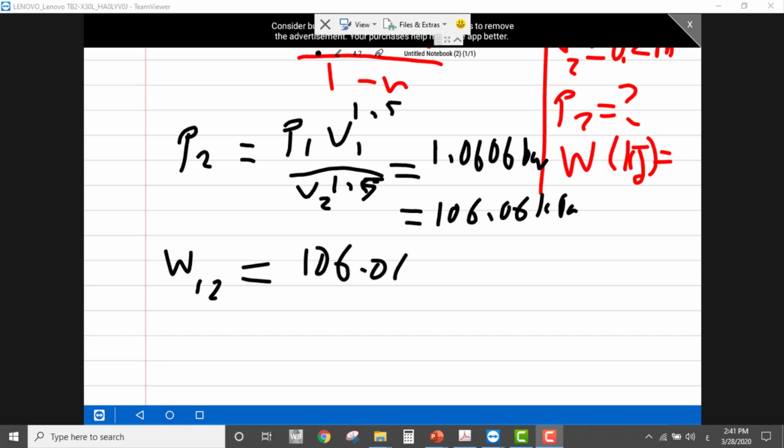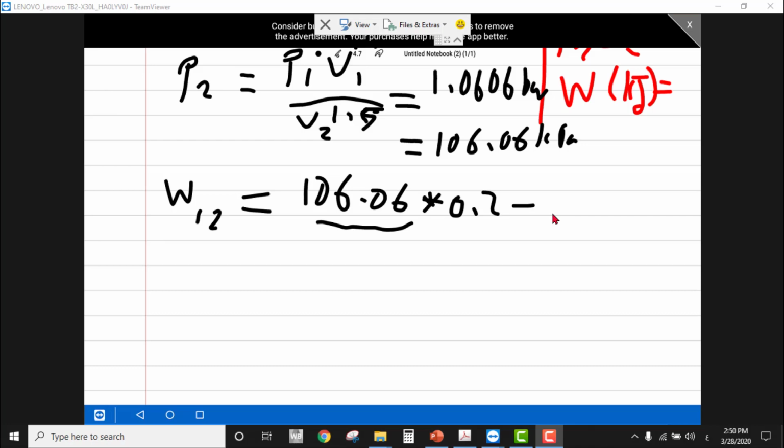which is equal to 106.06 multiplied by, this is kilo, remember, multiplied by V2 which is equal to 0.2, between brackets, minus P1, 300 kilopascal, multiplied by V1, 0.1.